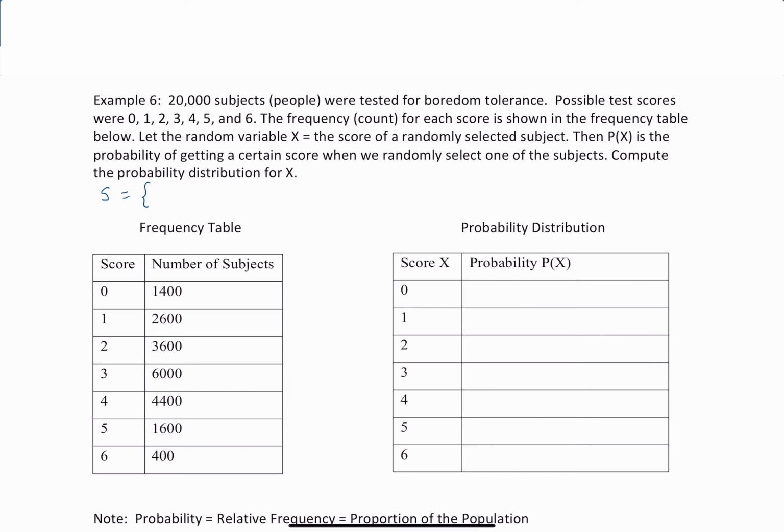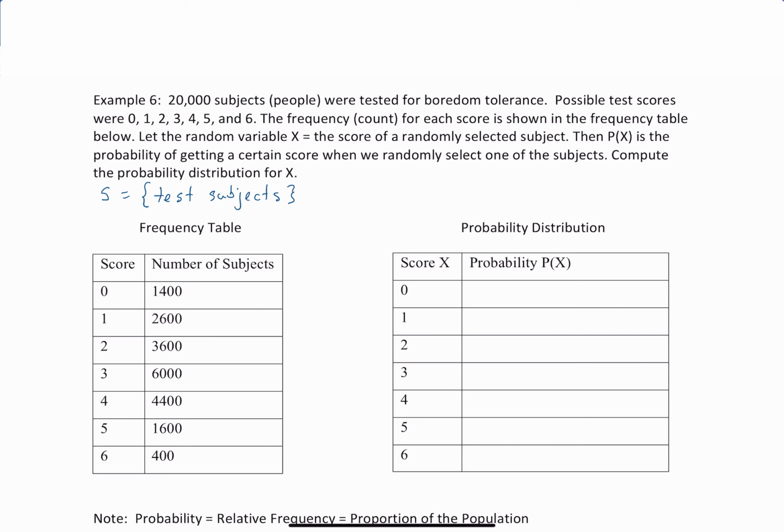So the sample space is the set of test subjects, in other words, the people. What the frequency table below tells us is how many of those people had a particular boredom tolerance score. Now, since the boredom tolerance score is numerical, that's why we can just use the score itself as our random variable. We don't have to come up with number of heads or something like that.